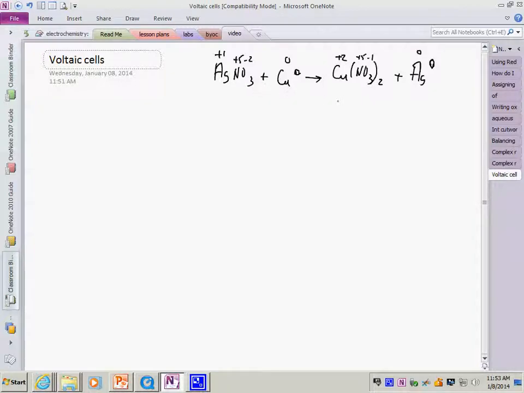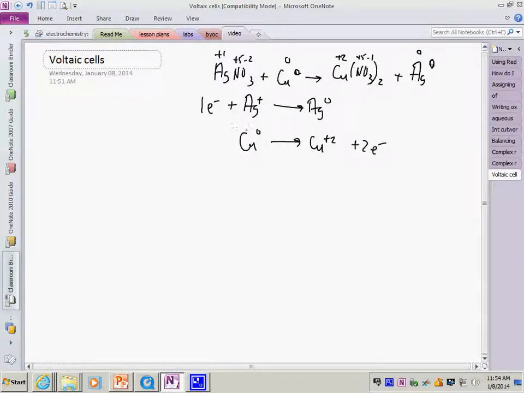So if I were to do this chemical reaction, the half reactions would be this: Ag+ goes to Ag metal. The copper would be no charge going to copper +2. This would be my oxidation reaction, and this would be my reduction reaction.